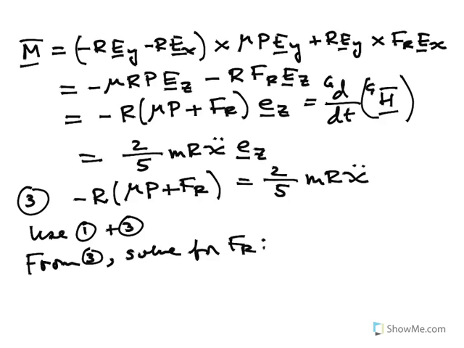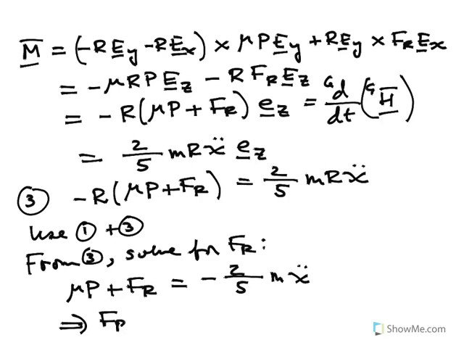If you divide by minus R, you get mu P plus F sub R is equal to minus 2/5 m x double dot. And so that gives you that F sub R is equal to minus 2/5 m x double dot minus mu times P.